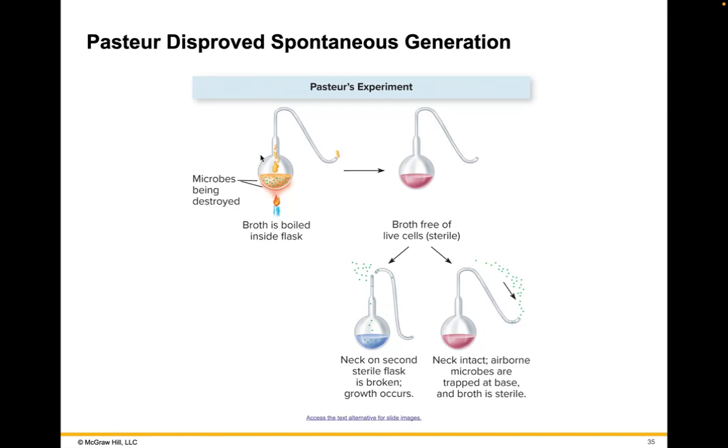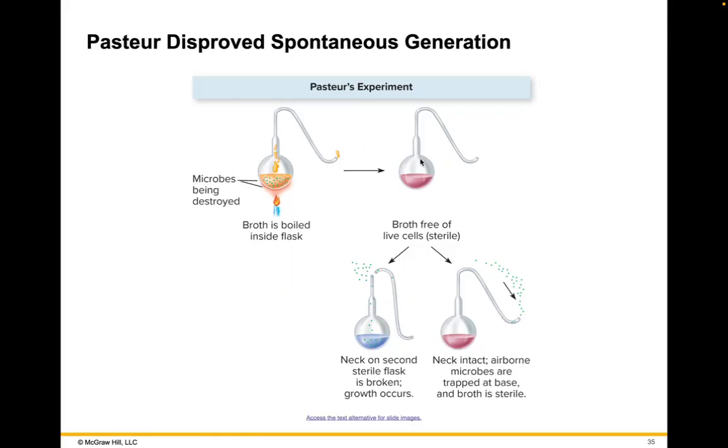And it had this gooseneck flask here. And so they thought there was something in the air that could cause the broth to go bad, but he's showing that air could still get inside, but any components in the air, like bacteria, would get caught in the neck here.